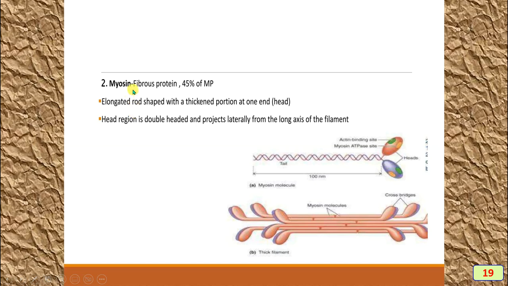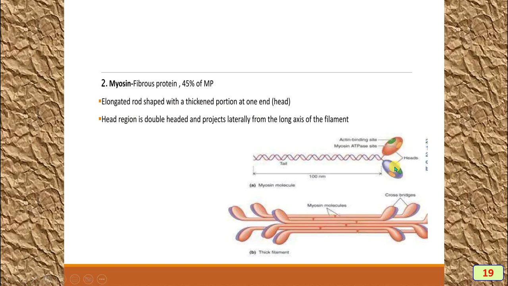And myosin, a fiber protein, is 45% of the muscle protein. This is a continuous elongated rod shape with a thickened portion at one end.